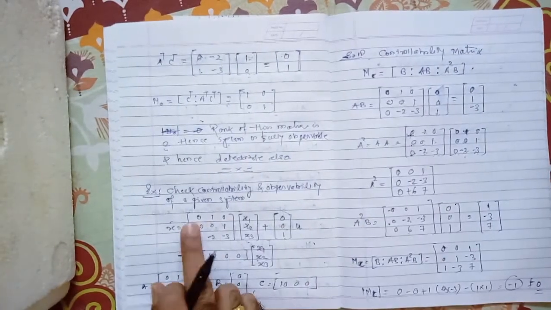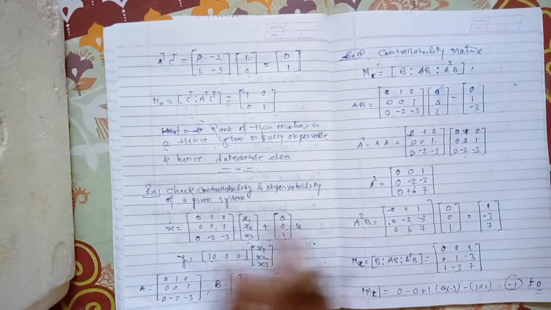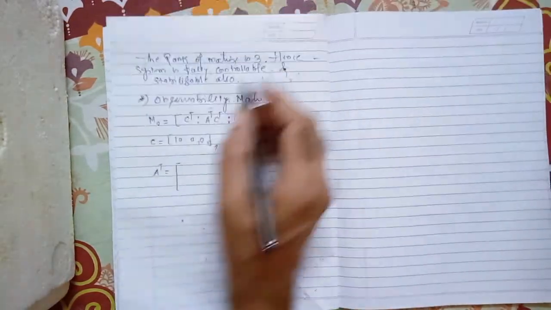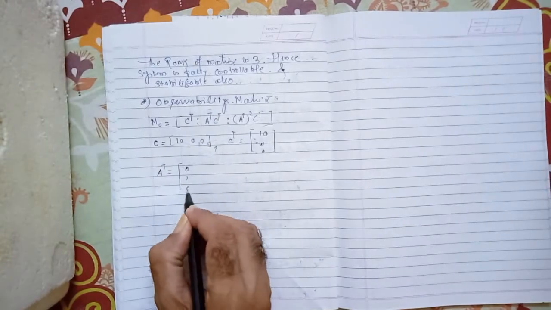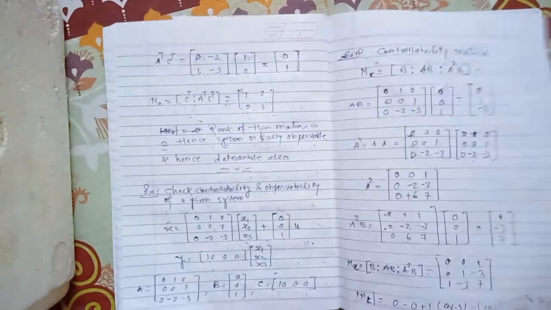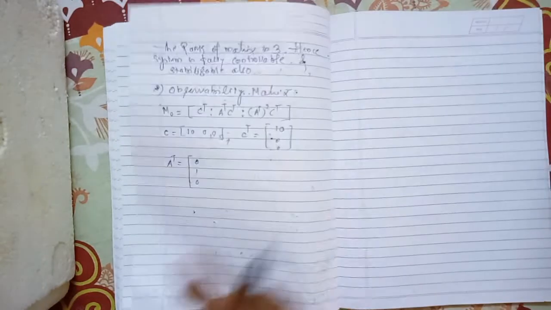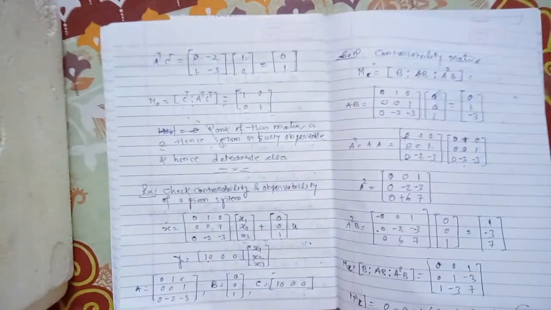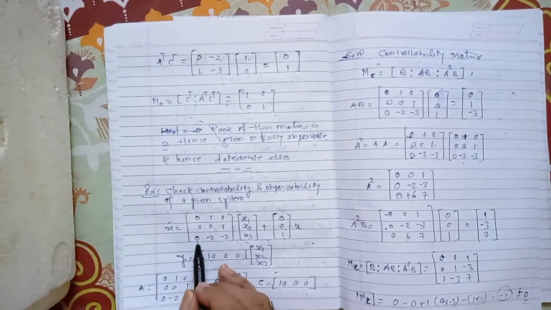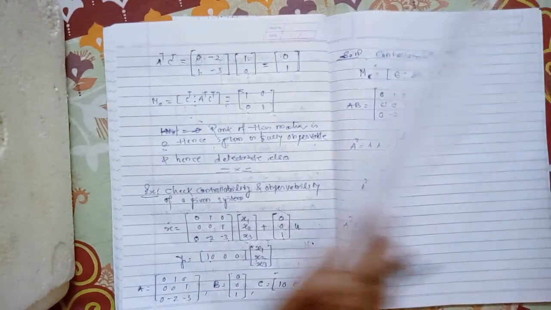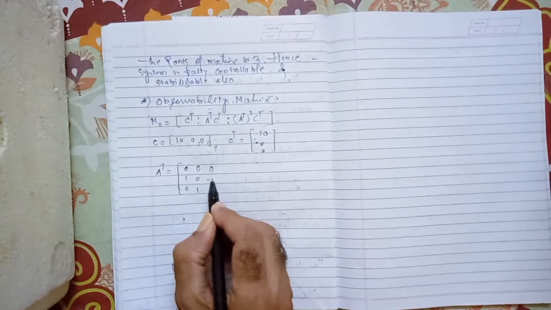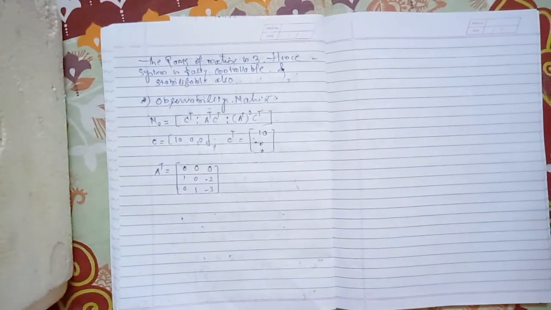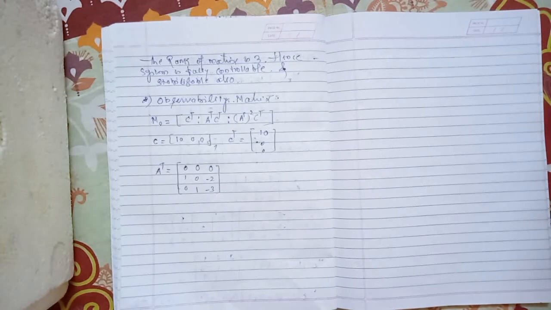This is my A, 0 1 0 is a row, so we will convert it into column 0 1 0. This is one. Second is 0 0 1, we will convert it into column 0 0 1. Then third row is 0 minus 2 minus 3, this is my third column. So this is my A transpose.